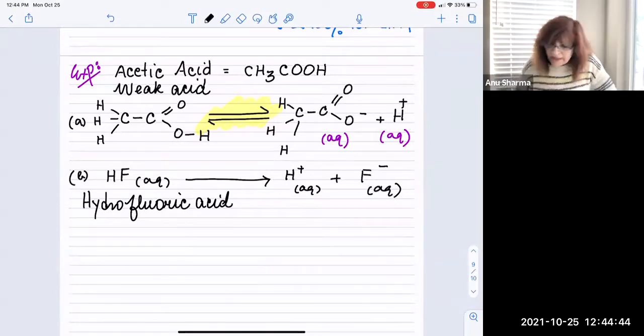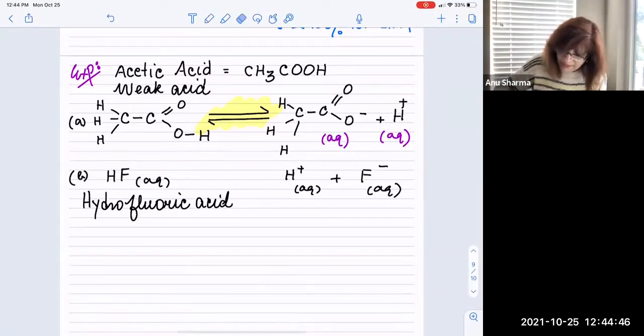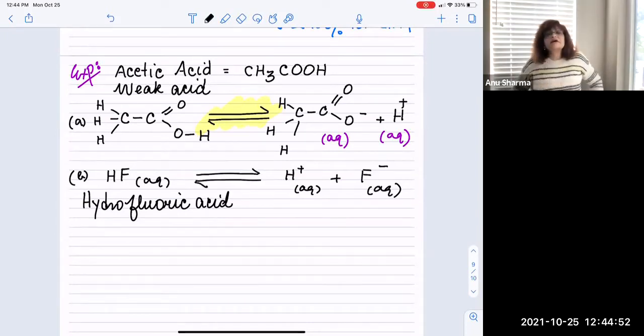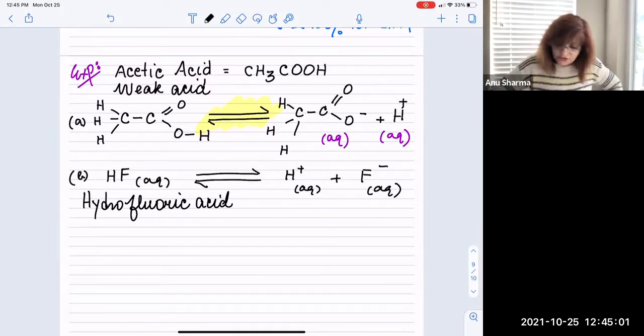But the moment that happens, because fluorine is very electronegative, it doesn't let the hydrogen go away. So it quickly reverts back to that molecular state, and so this is also soluble in water, AQ, okay?